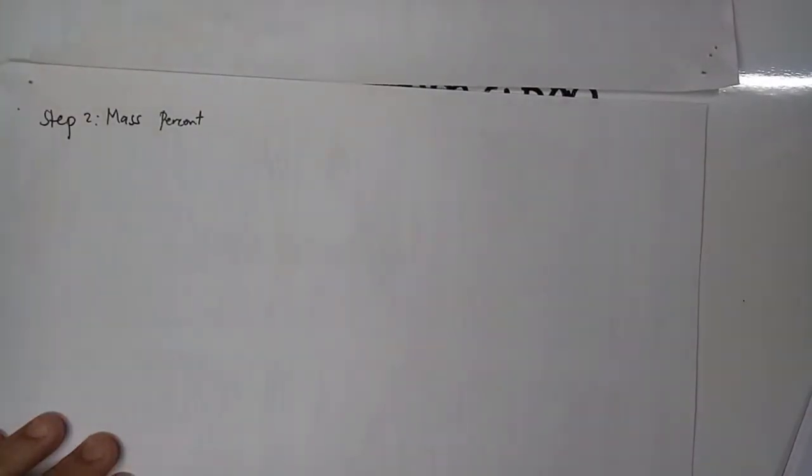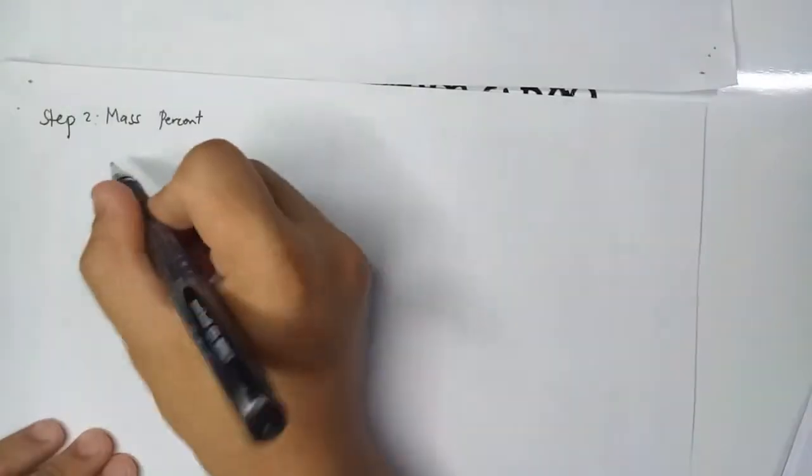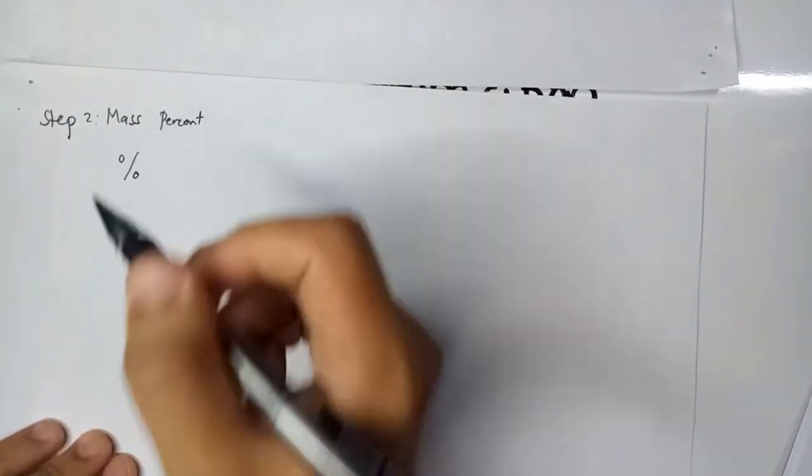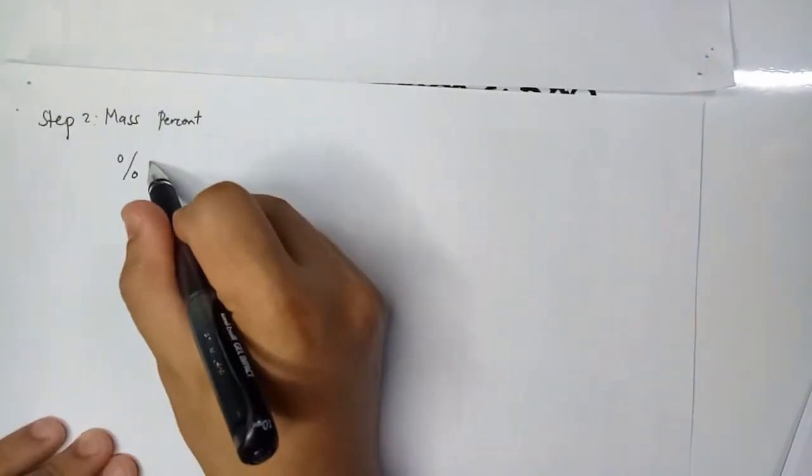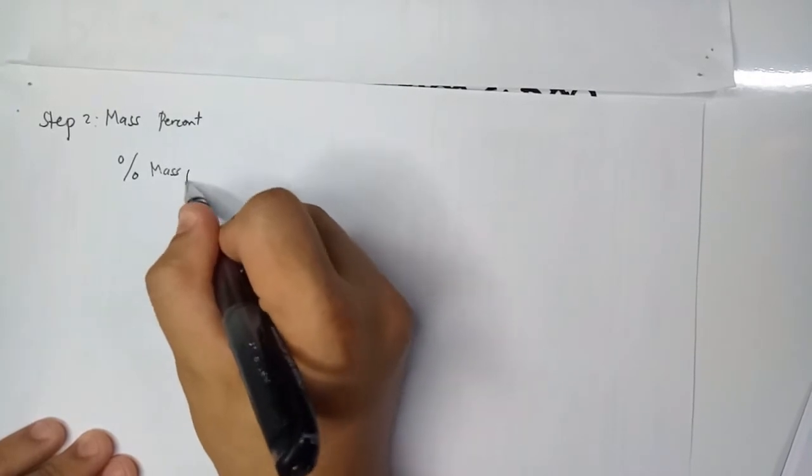The weight percent of carbon in ethanol can be computed by comparing the mass of carbon in 1 mole of ethanol with the total mass of 1 mole of ethanol and multiplying the result by 100%.